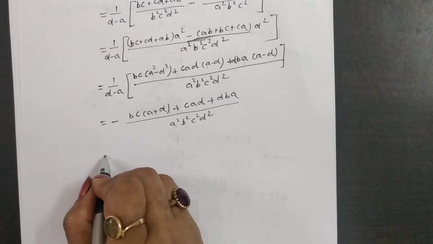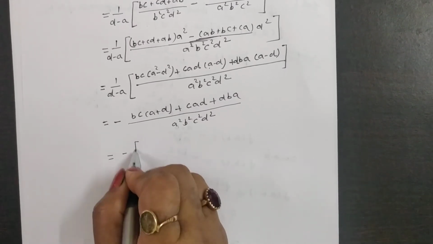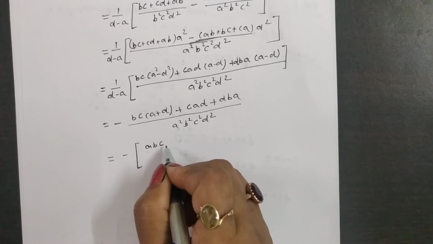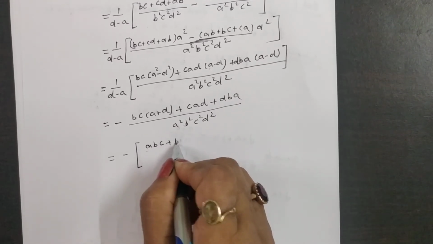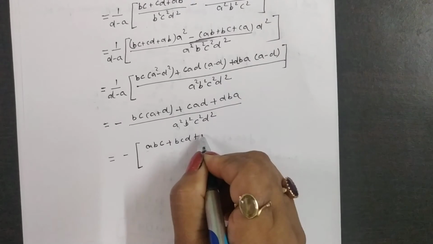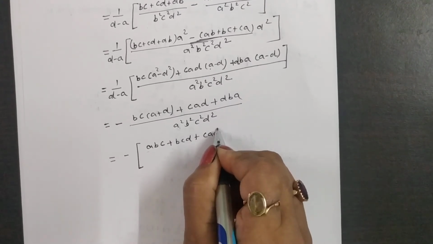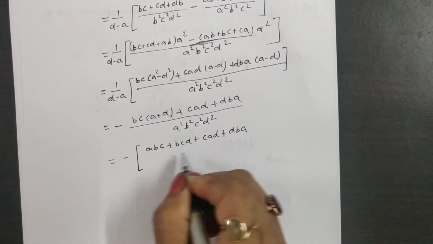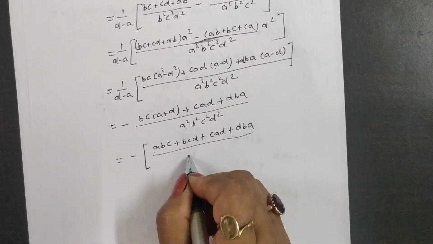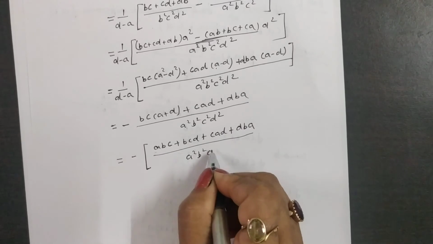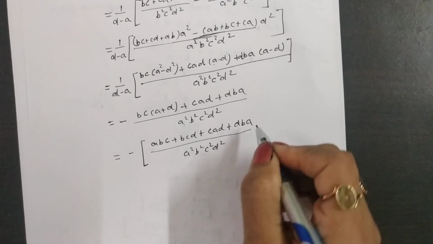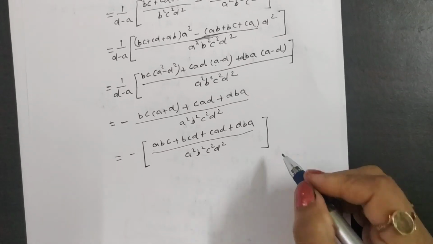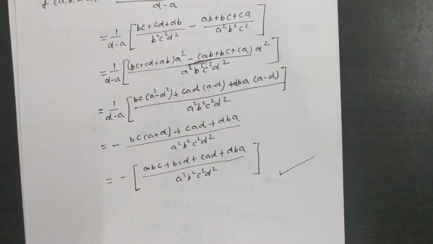This is again equal to minus of abc plus bcd plus cad plus dba, divided by a square b square c square d square. That is the value of f of abcd.